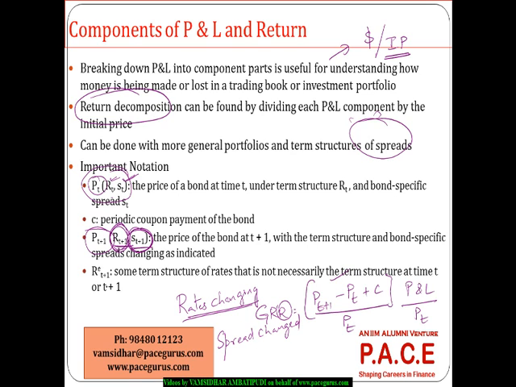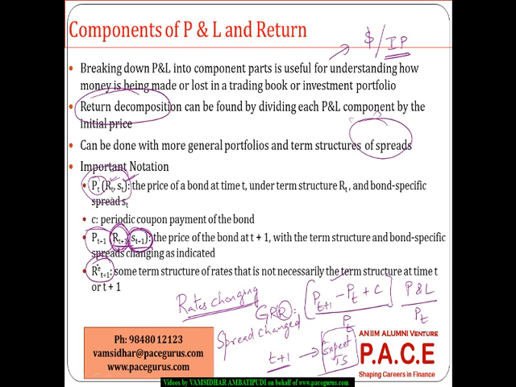For that, I am making one simple assumption: by the time I reach T plus 1, I expect the term structure to be something, an expected term structure. So is the change in the price in line with the expected term structure, or has it changed drastically, and because of that I have made a profit or loss? So we are trying to break it down a little bit more.